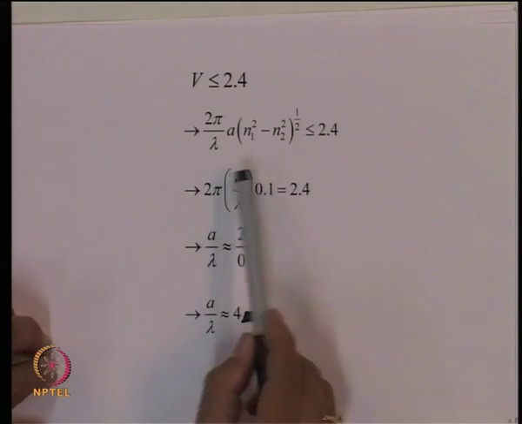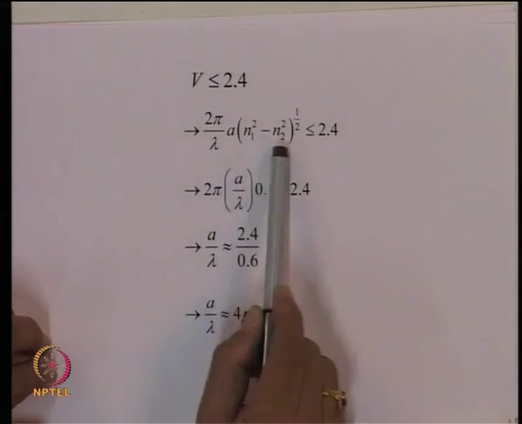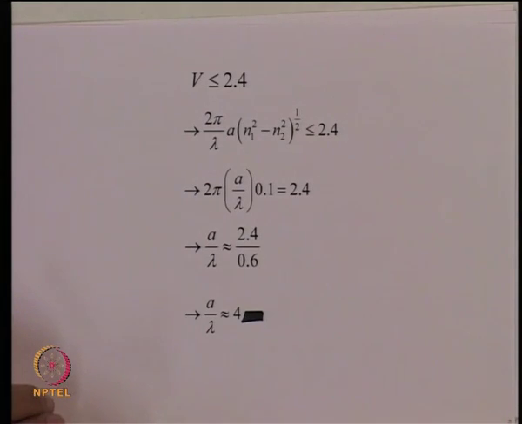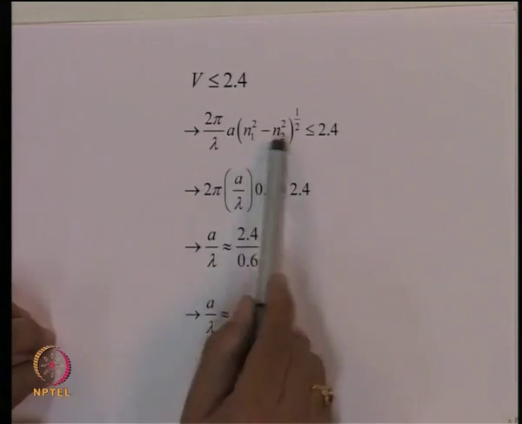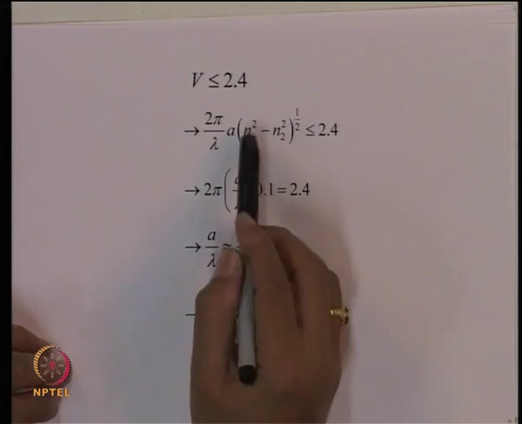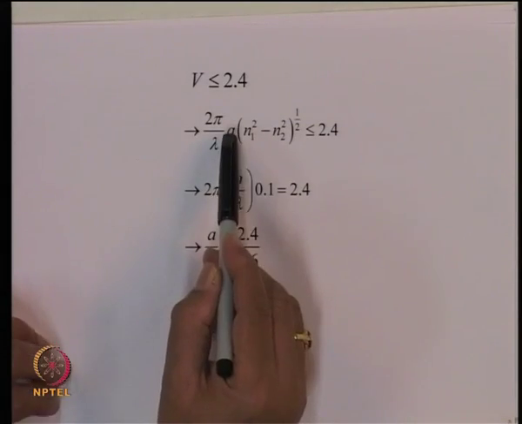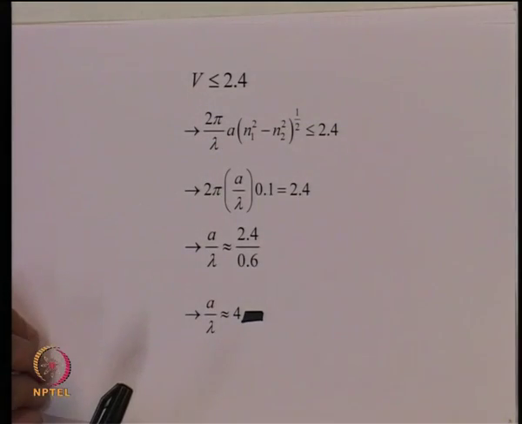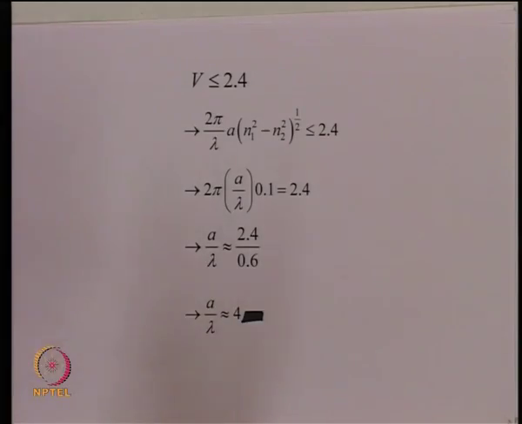So, one possibility is I make the difference between N1 and N2 very small. If I do that, then I can get a reasonably large A. If I make this difference very large, then A will become very small. Since we do not want A to go less than a few microns for light launching considerations, we want the difference between N1 and N2 to be made very small.